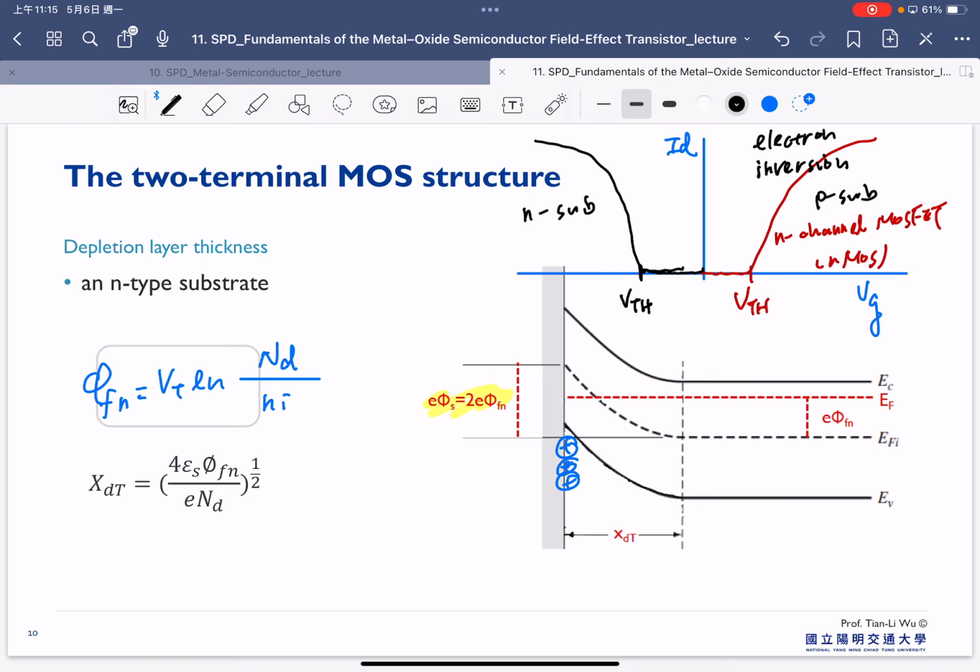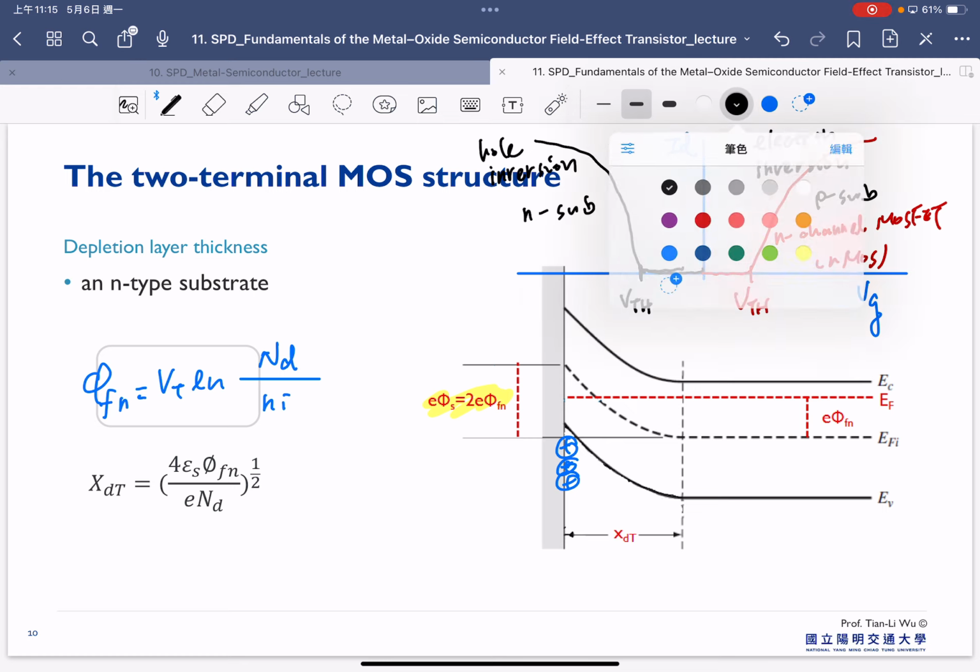Because this is an N substrate, the current is contributed by the holes, because we have the hole inversion here. And this is an N substrate but we have holes, so we consider this a P-channel MOSFET.